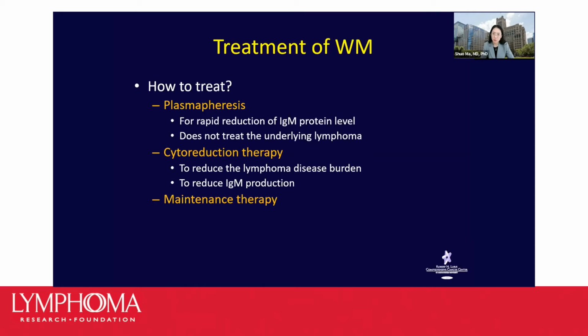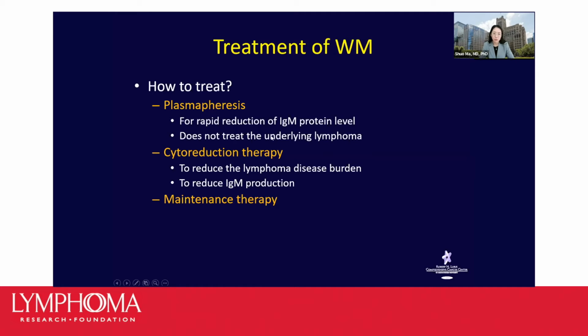So in the case of an emergency, we do use that because this is a very rapid way, within a matter of a session or two, that we might be able to significantly reduce the IgM protein and prevent any severe complications caused by the hyperviscosity syndrome. But for patients who do not have a very high IgM level and are not concerned about hyperviscosity syndrome, plasmapheresis is not indicated.